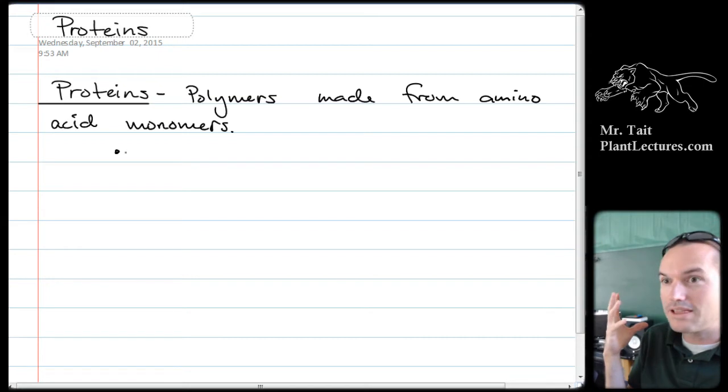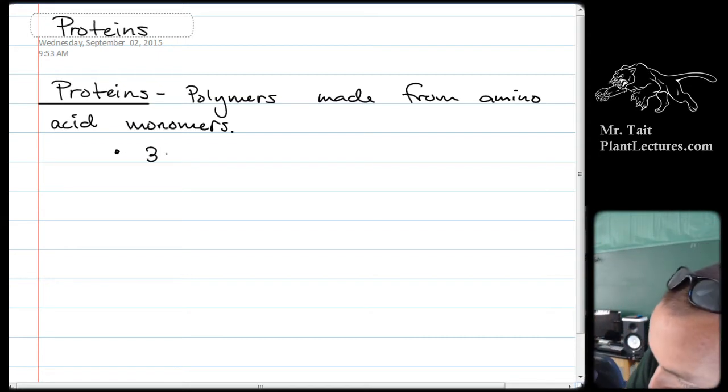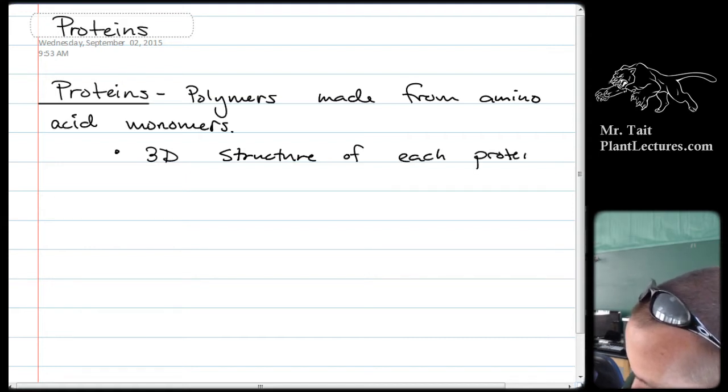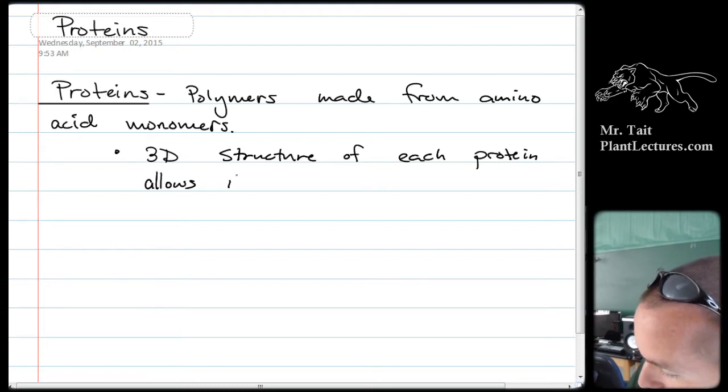Okay? So they're like little machines that are inside the cell. So the three-dimensional structure of each protein allows it to complete a unique task.